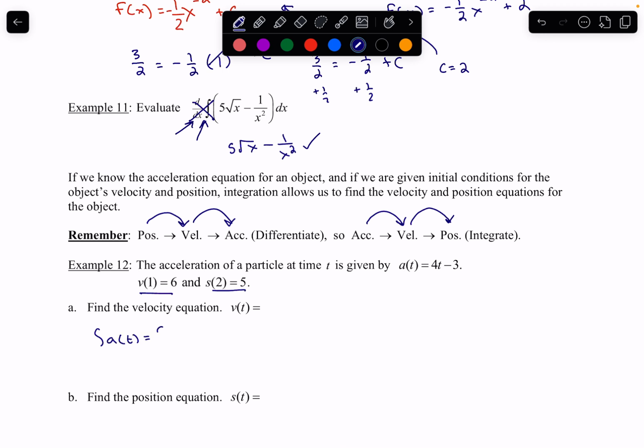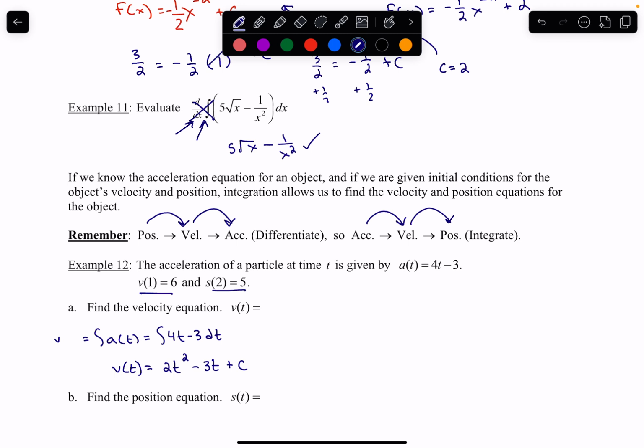So I just need to take the integral of 4t minus 3 dt. So integral of 4t is t squared, and then I have to divide by 2, so that becomes 2t squared. The integral of negative 3 is negative 3t, and then I get a plus c. So that is equal to my velocity function.